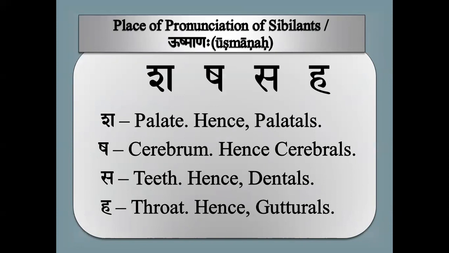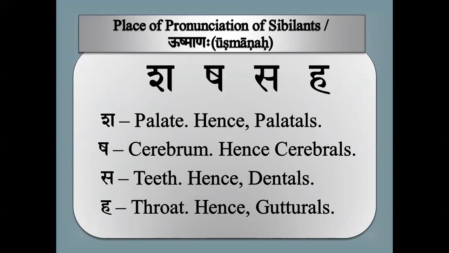So all these are cerebrals. Now you understand the difference between sha and sha. The first one is palatal, like Shiva or Shankara, Shankaracharya. The second one is Shanmukha, Shashti, that is murdanya. So that difference must be clear.